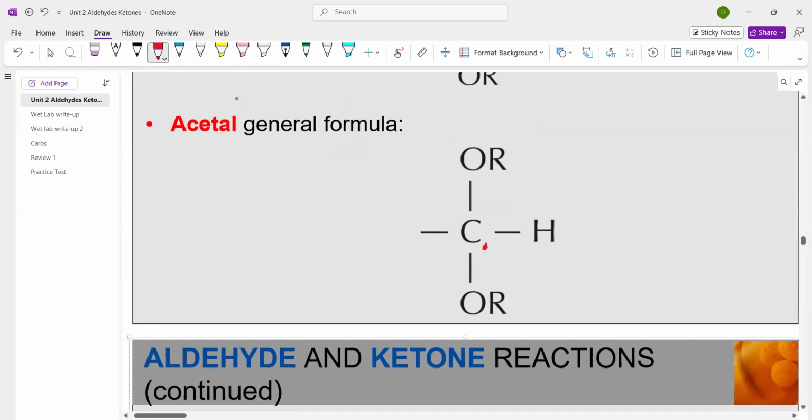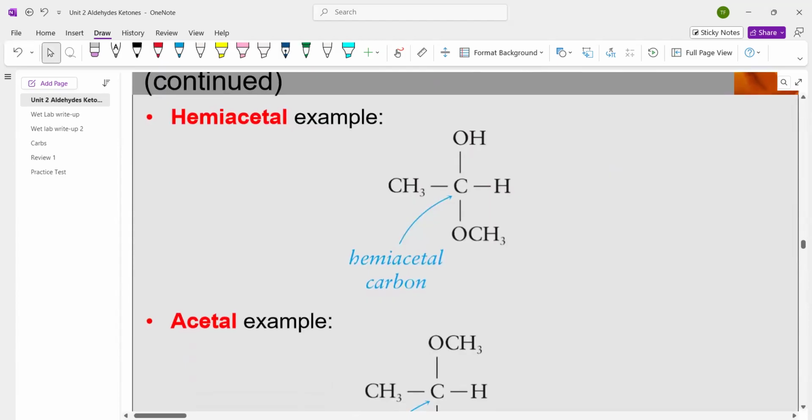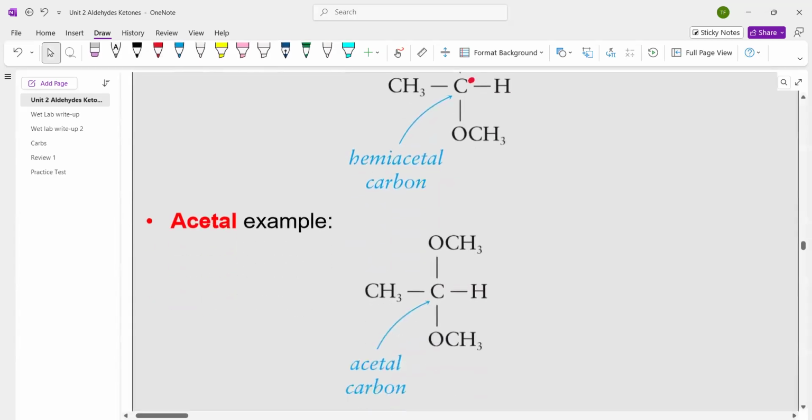Here we have an H, which makes it an acetal, and no OH, so it's not a hemiacetal, it's just a plain full acetal. The hemiacetal carbon is also known as the anomeric carbon. That's the verbiage that carbohydrates use, so I'd like to continue it. So those red dots are the anomeric carbons.